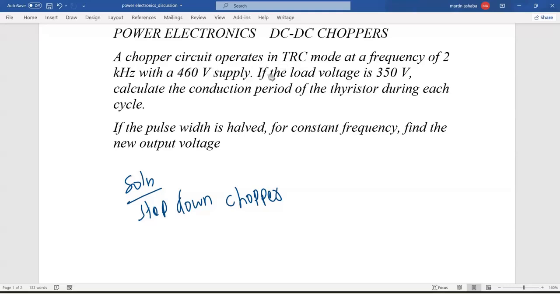It has two different types of TRC modes: one is constant frequency time ratio control mode, and the other is variable frequency time ratio control. In our next videos, we shall be talking about TRC operation for a DC chopper circuit. So let's right away see how we can solve this problem.